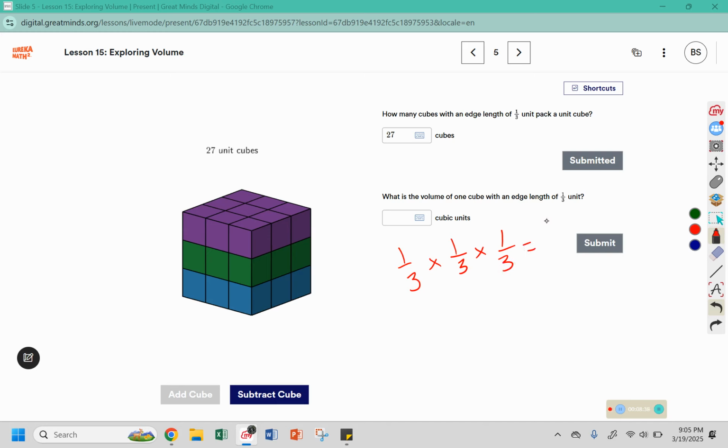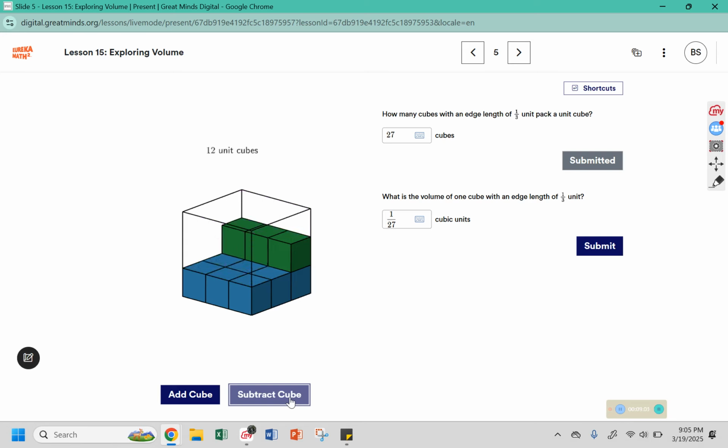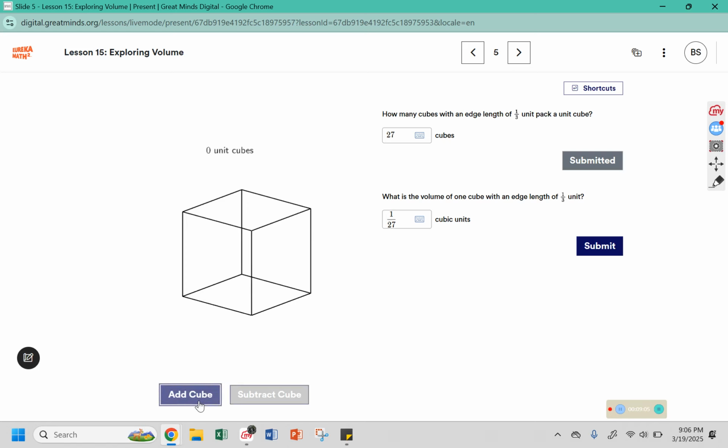So 1 times 1 times 1 is 1. 3 times 3 is 9. 9 times 3 is 27. Each one of these is 1/27th of the whole. If we move them out, you can think of this one cube fills up 1/27th of the whole cube.